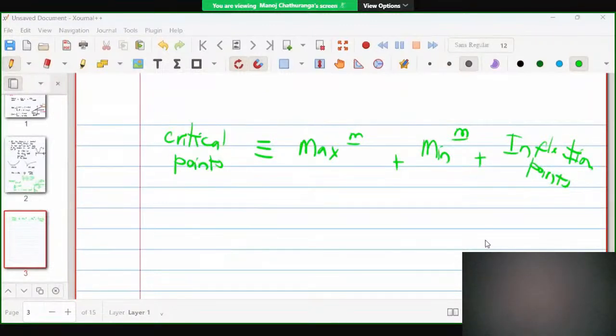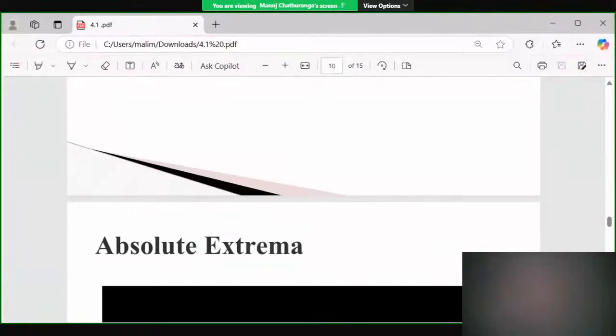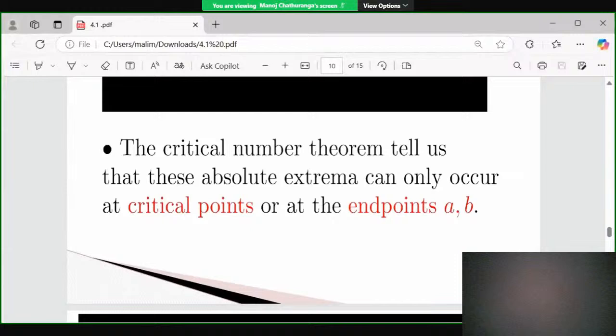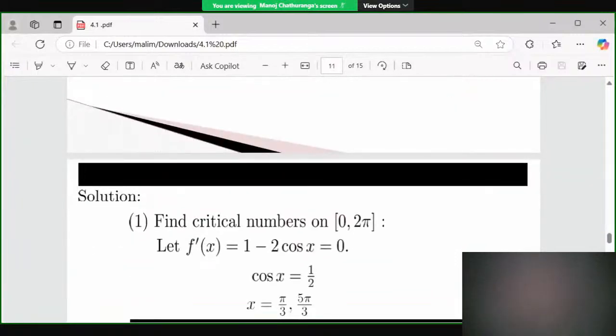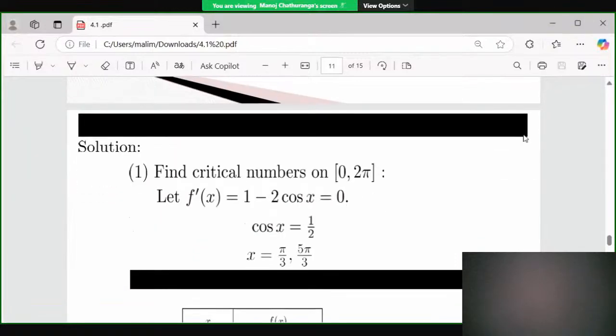All right, let's go back to our notes. To find those, let's look at some examples. Find the critical numbers. Critical numbers means the x coordinates of critical points.